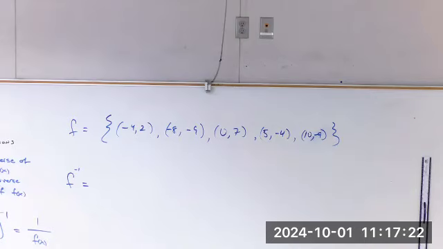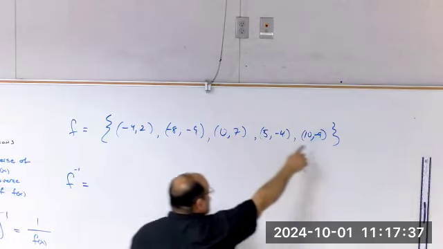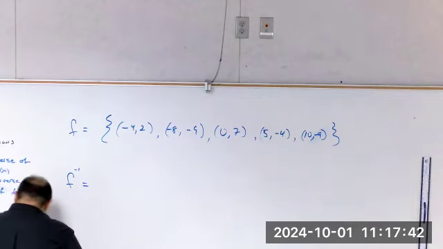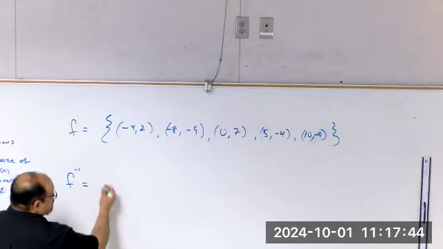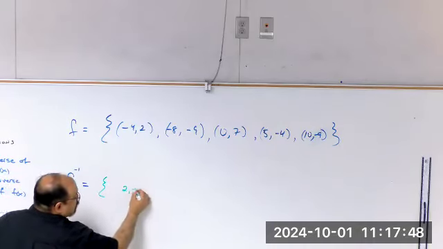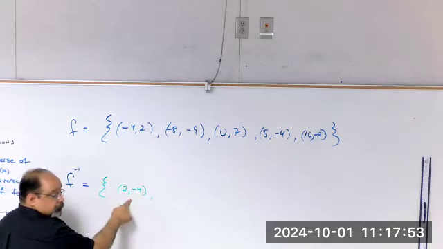Every set of ordered pairs is a relation. Special sets are functions, but not every function has an inverse. Here's the reason. X's can't repeat, but y can. You can have y repeat as many times as you want. So if this is my inverse function, look what happens. The inverse function would have 2, -4. Switch that ordered pair.